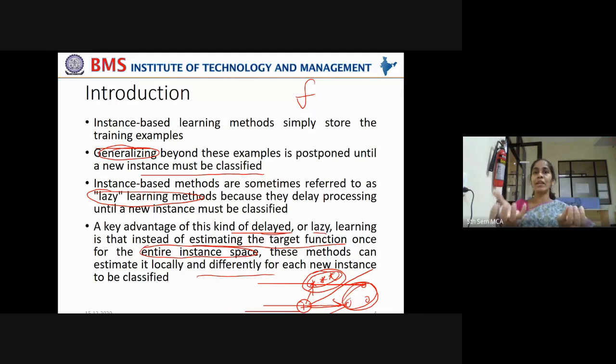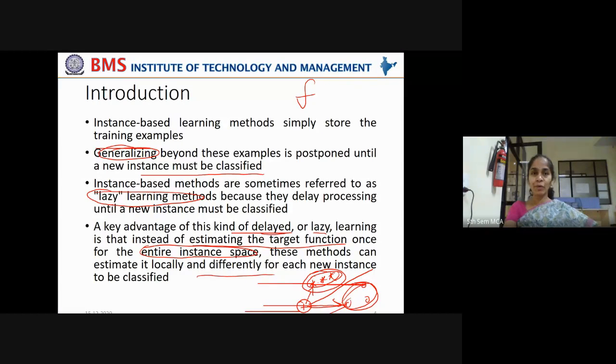With which example it is most similar, whichever class that example belongs to, this new data point also belongs to that particular class. Okay, that is why it is called instance-based learning. Until a new instance is given, the classification is kept pending. So is the name instance-based learning.